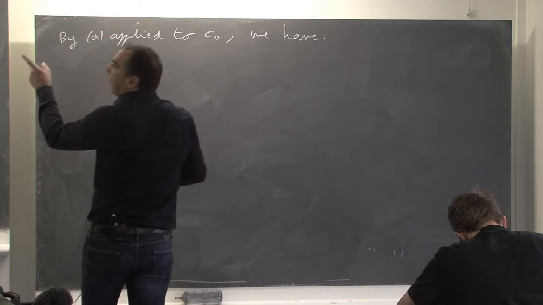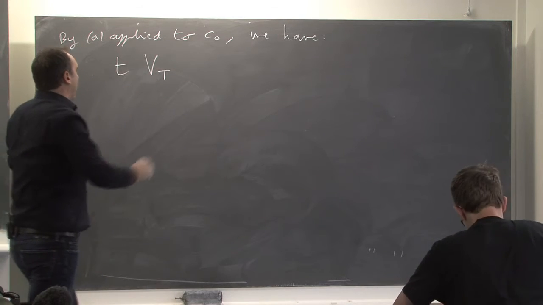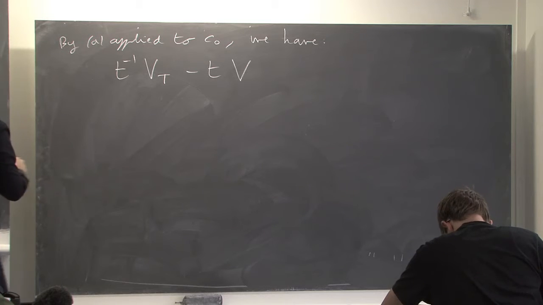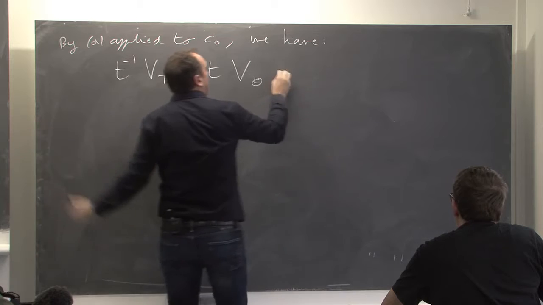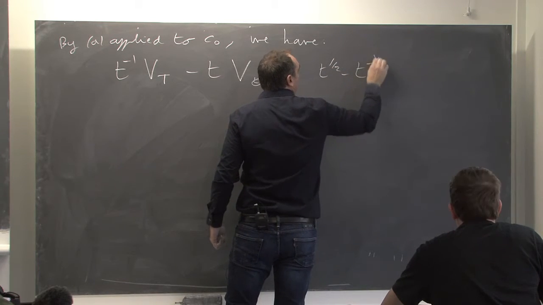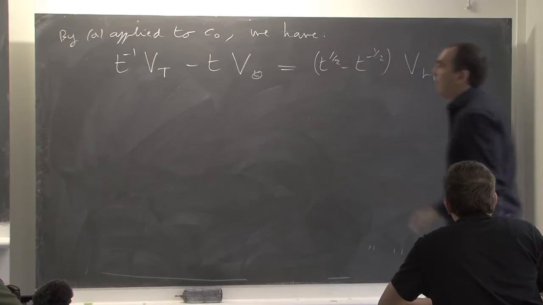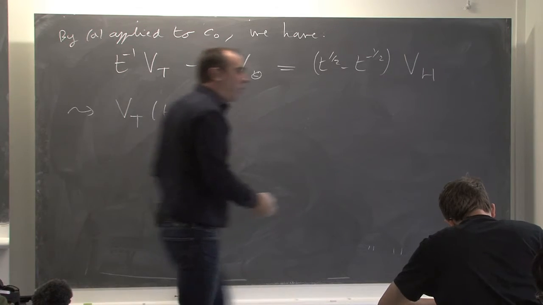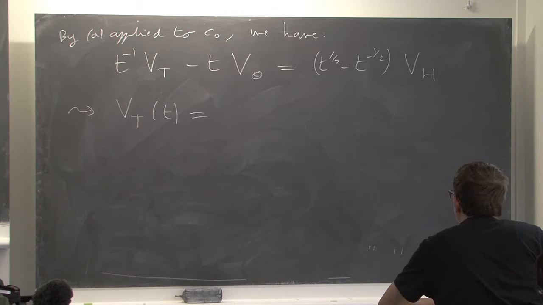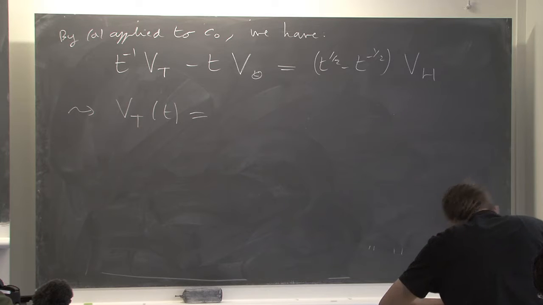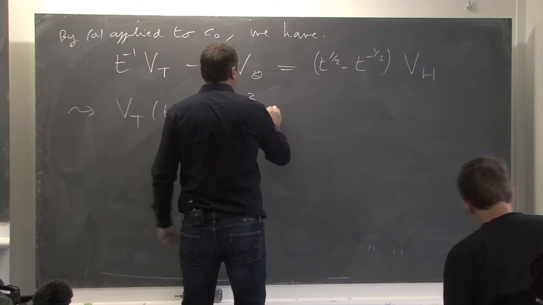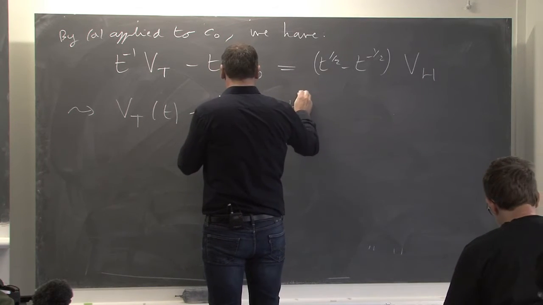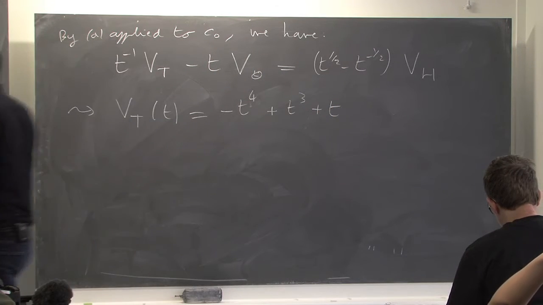T times the Jones polynomial of the trefoil, T^(-1) minus T V of the one component is T^(1/2) minus T^(-1/2) V of H. And what you obtain is that the Jones polynomial of the trefoil is, so I don't want to make the computation, minus T^4 plus T^3 plus T. Or maybe I made some error here.